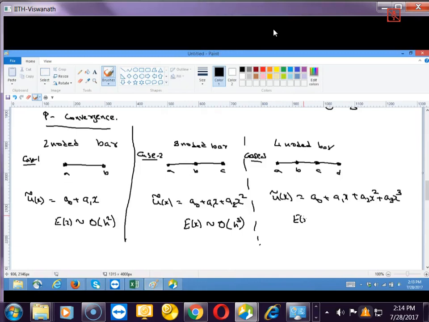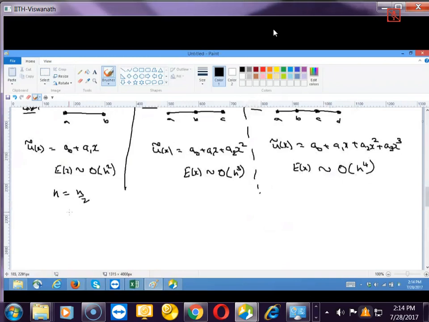So if you look at all the three examples, let's say I refine the mesh by h equals h by 2. Then the error in the first case, since it is h square, would shrink to the order of 1/4.